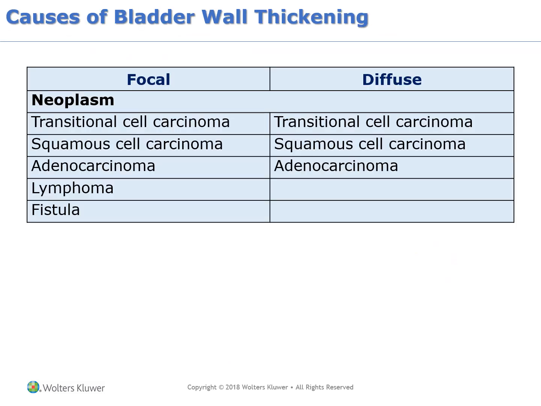Okay, now if we look at really the focal types of bladder wall thickening, we have to think neoplasm. So the transitional cell carcinoma, squamous cell carcinoma, and those are really just referring to the type of cell that the abnormal growth is originating from. So if it's a squamous cell that's covering in that mucosal area, then it would be squamous cell carcinoma.